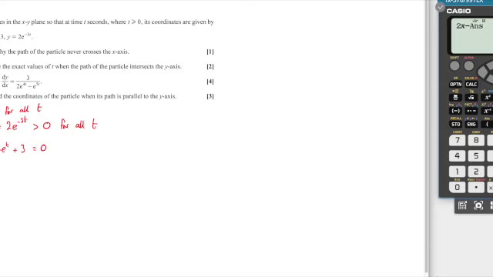So that's going to be e to the t minus 1 and e to the t minus 3 is 0. So therefore e to the t equals 1 or e to the t equals 3. So t equals ln 1, which is 0, or t equals ln 3.